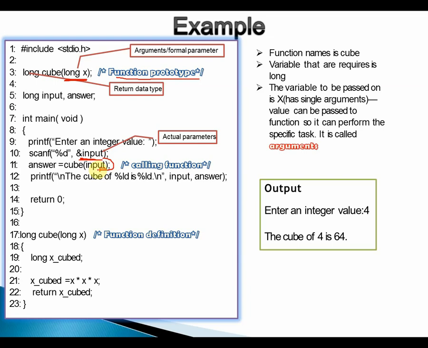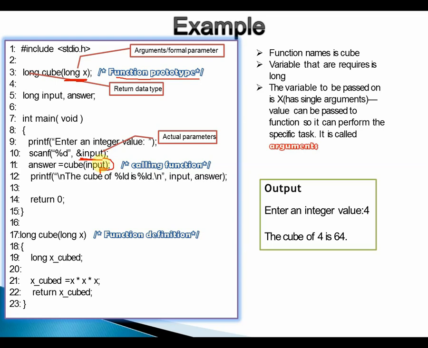So there are two types of parameters: the formal parameter, which is present in the function declaration, and the one which is present in the function call is termed the actual parameter.